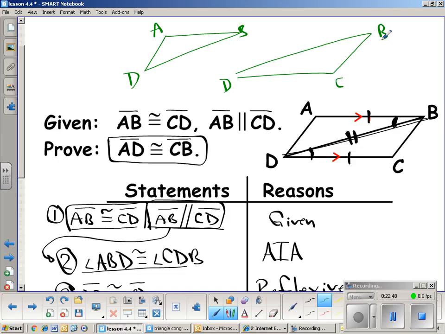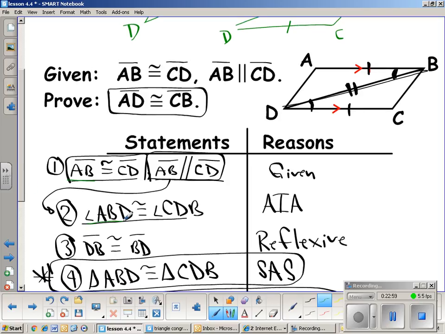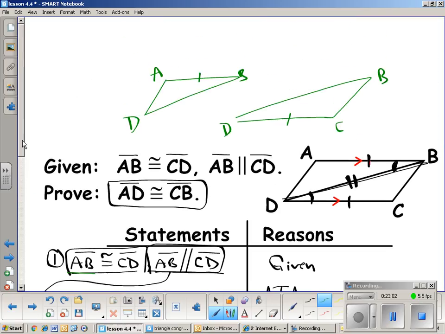And through all of our statements we gave over here, AB was congruent to DC, right? And angle ABD, so that was this one, was congruent to angle CDB. So those are congruent. And then we said that DB was the same side in both, so those were congruent.